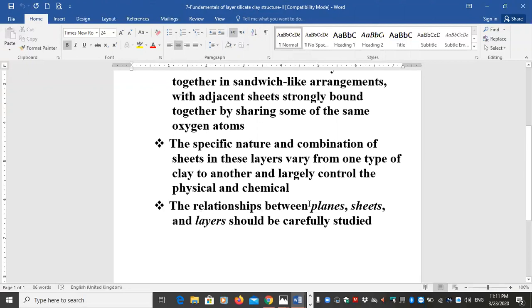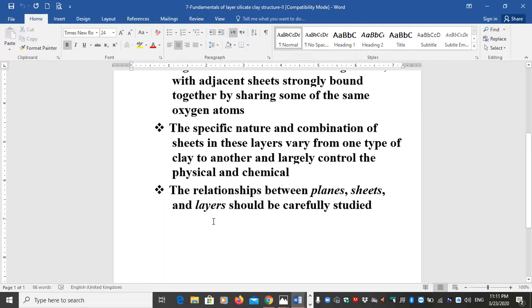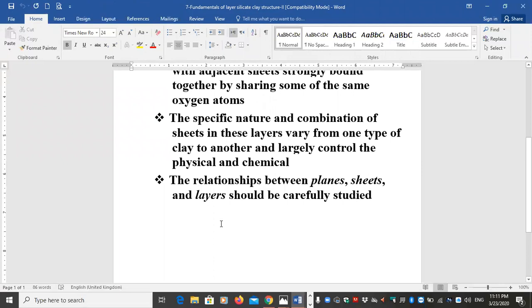The relationships between planes, remember when we talked about planes of atoms in the sheets, then we have the sheets, tetrahedral and octahedral sheet, and then layers or the crystal unit. We will talk about it in a minute when we start talking about the clay minerals.